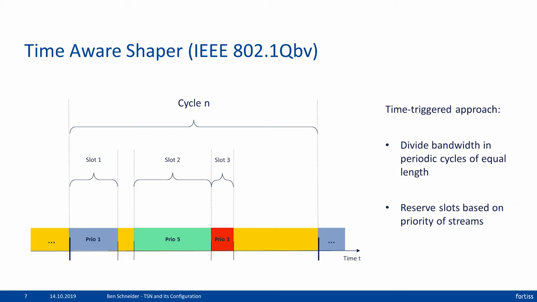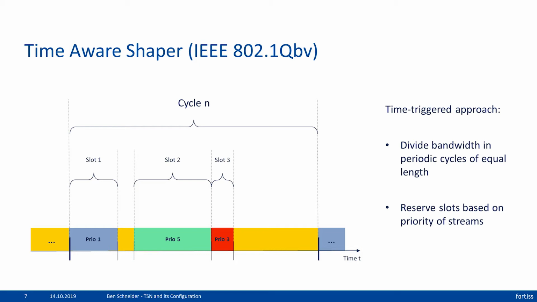The Time-Aware Shaper is a scheduling mechanism, so it makes sure that your packets or your streams are transmitted in a specific manner. It's a time-triggered approach, and what you basically do is you take all the bandwidth on a specific port which is available, you cut this bandwidth into cycles of equal length that you can see here. These cycles are repeated over and over again.